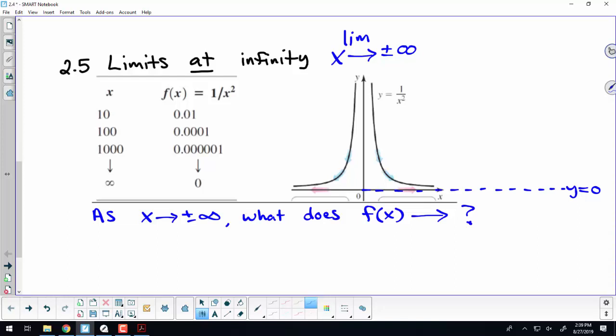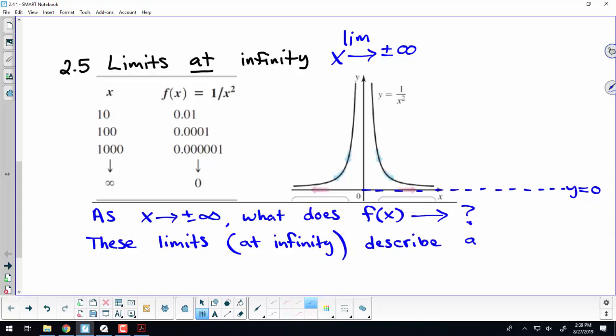So let's state that the limits at infinity, that is, these limits describe a function's end behavior.